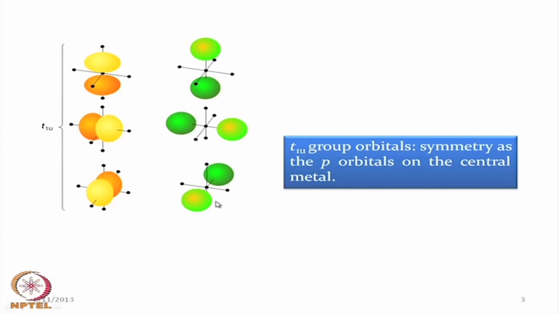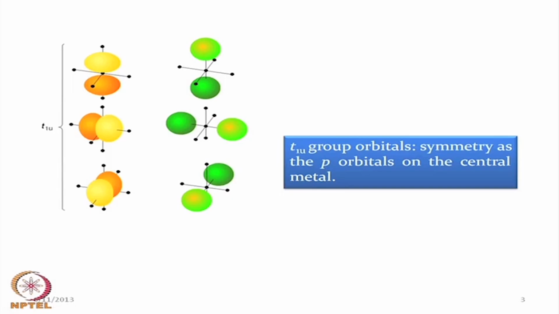So, in ligand field theory, the p-p interaction is permissible for strengthening the metal ligand interaction and providing some energy level for the T1u set, that means the p orbitals on the metal atom or ion, which can be utilized for interacting with the ligand orbitals to give a head-on overlap, and this head-on overlap can provide the sigma bonding interaction.